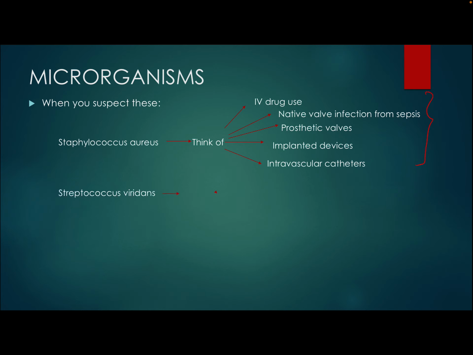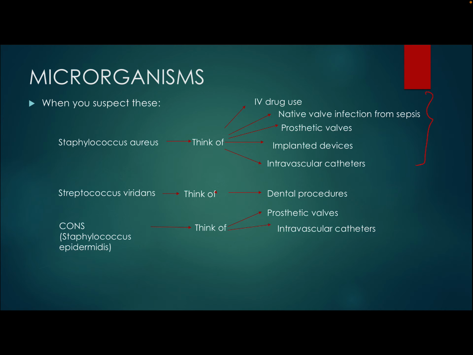Next is Strep viridans, we have to think of conditions like dental procedures. Usually it is through dental procedures that Streptococcus viridans affects the heart valves. Coagulase negative Staphylococcus like Staph epidermidis usually cause infection in prosthetic valves and intravascular catheters, also implanted devices.